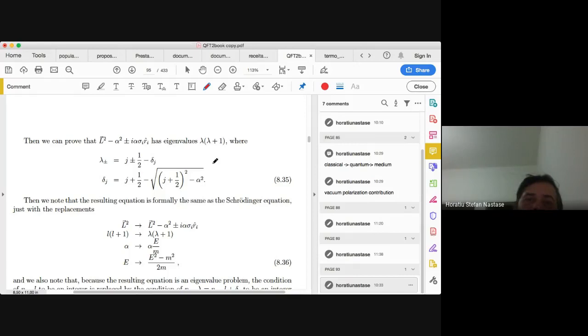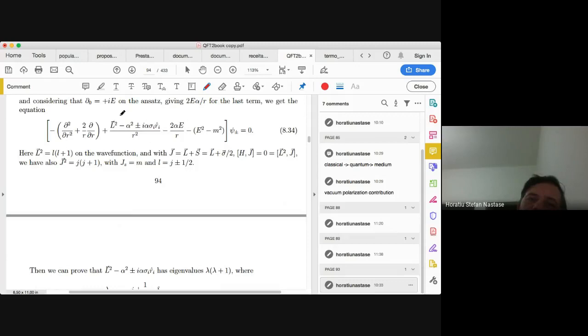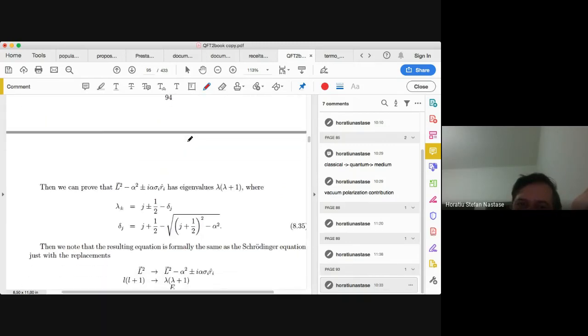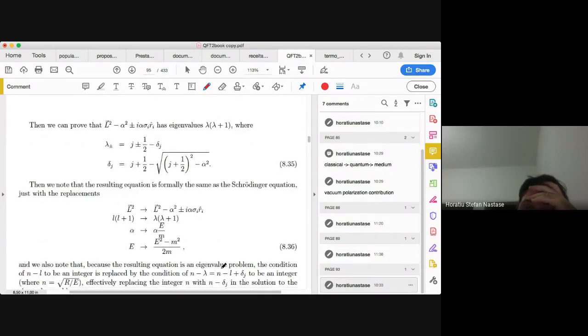All right. So, but now since all of this term, I replaced on the ansatz with lambda plus 1, this equation formally looks like the Schrodinger equation for the hydrogen atom, because here I had L plus 1, but I replaced this with lambda plus 1, right?